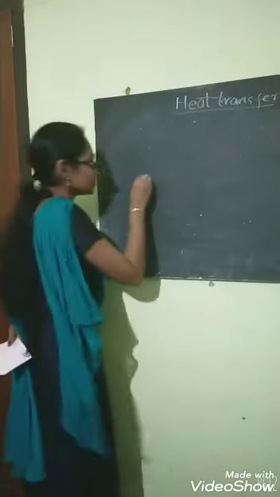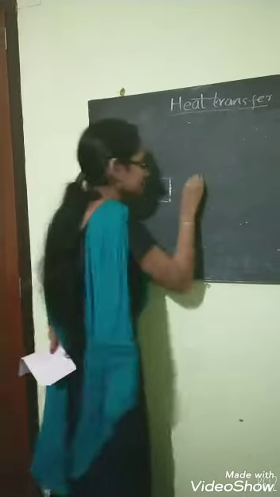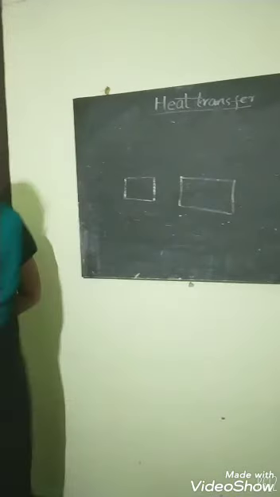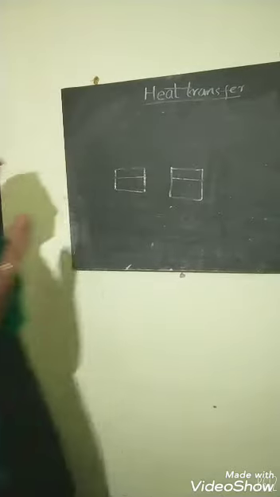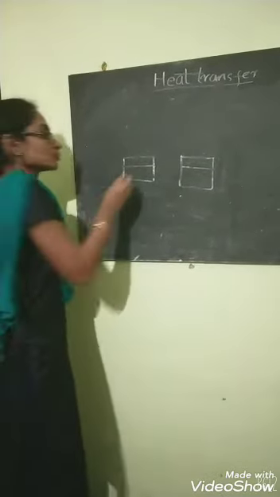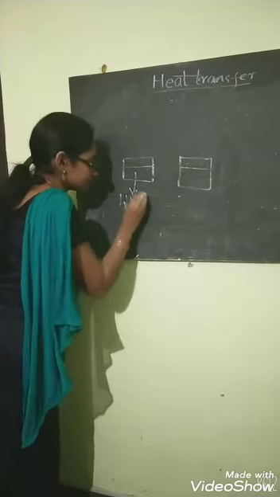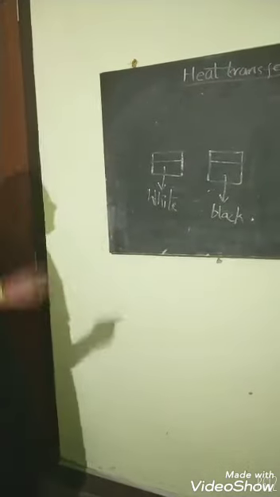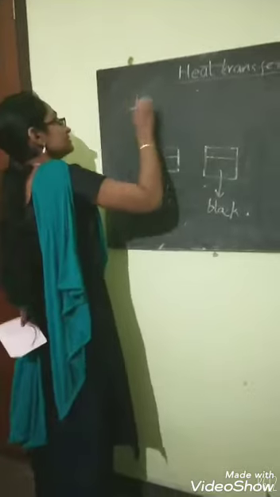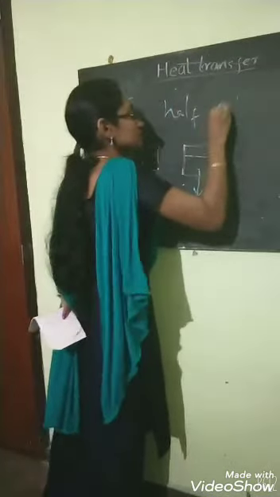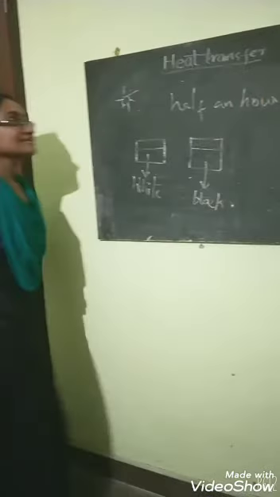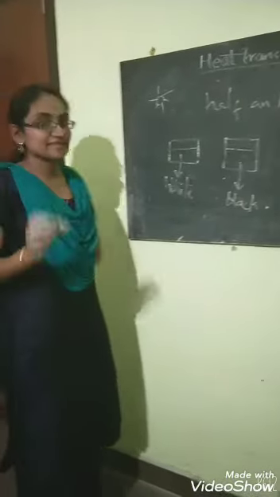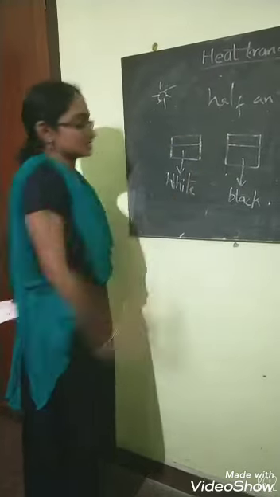I am taking two tin cans of the same size, and I am filling them with equal amounts of water. I am painting this one white and this one black. And I am putting these two boxes under the sun for half an hour, and then we observe what difference takes place in the temperature of both.